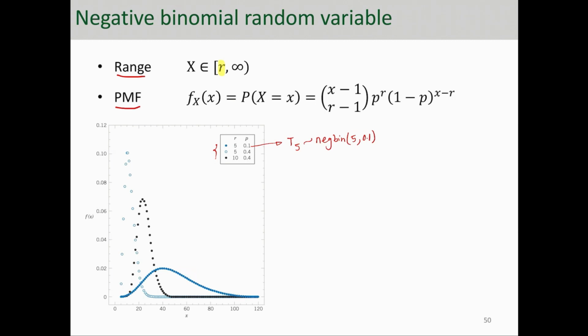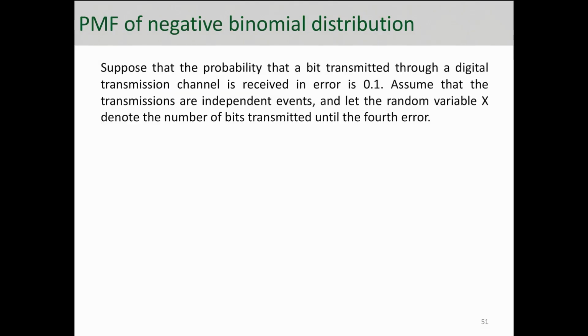And that represents number of trials until fifth success, when the probability of success is 10%. And here you can see how it behaves. The peak of this distribution is about 40, right? Which means right around the 40th trial, you get to your fifth success, given the probability of success for this random variable.